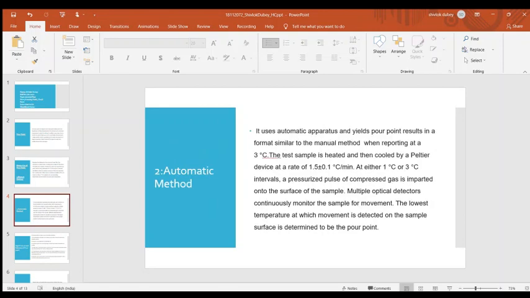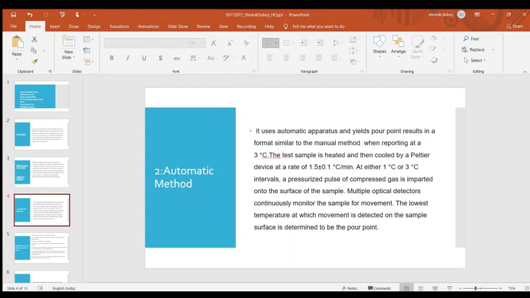The second method is the automatic method. It uses automatic apparatus and yields pour point results in a format similar to the manual method. When reporting to 3 degrees centigrade, the test sample is heated and then cooled by a Peltier device at a rate of 1.5 plus or minus 0.1 degrees centigrade per minute at either 1 degree centigrade or 3 degrees centigrade intervals.